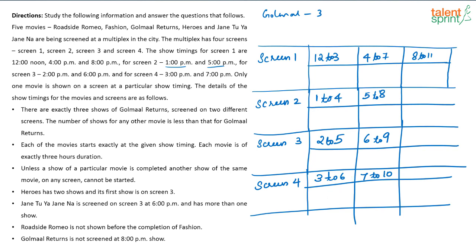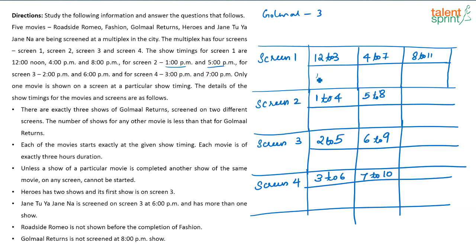Out of these 9 shows, 3 shows are of Golmaal Returns. The number of shows of any other movie is less than Golmaal Returns. Each movie starts exactly at the given show timing. Each of the movies has exactly 3 hours of duration. Unless a show of a particular movie is completed, another show of the same movie on any screen cannot be started. Now what does that mean?